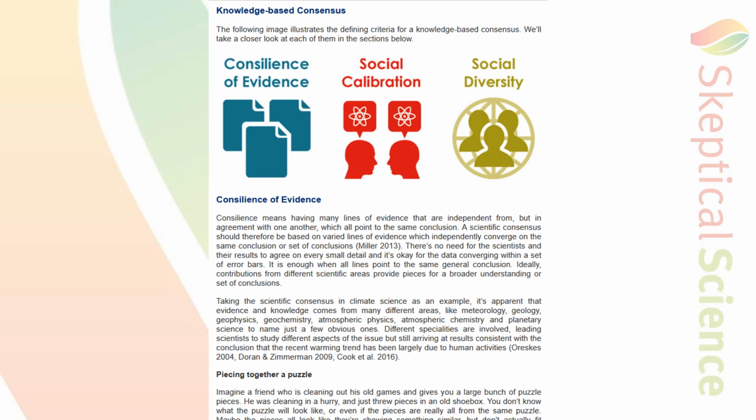Different specialities are involved, leading scientists to study different aspects of the issue, but still arriving at results consistent with the conclusion that the recent warming trend has been largely due to human activities.